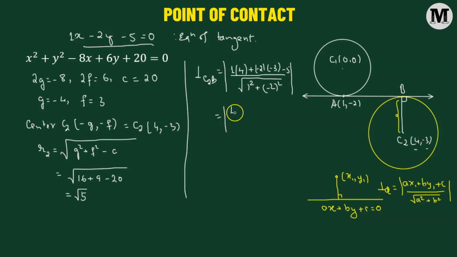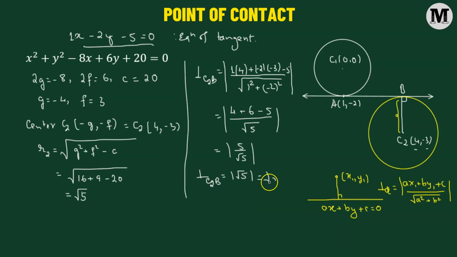Let's compute this value. So we get 4 plus 2 times negative 2 times negative 3, that's 6, minus 5, divided by square root of 5. So 6 plus 4, that's 10. 10 minus 5, that will be 5. So we have 5 over square root of 5. If we rationalize the denominator, we get square root of 5. So our perpendicular distance C to B comes out to be the absolute value of square root of 5.